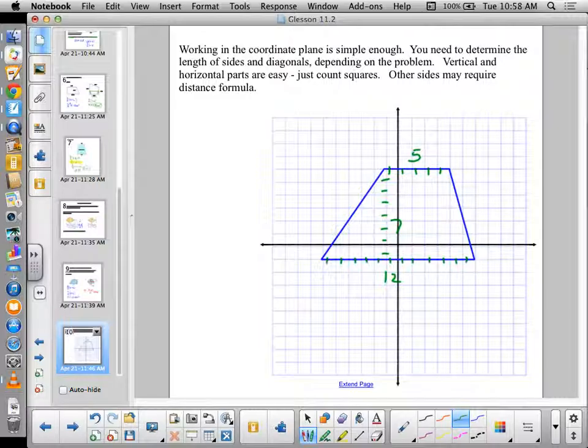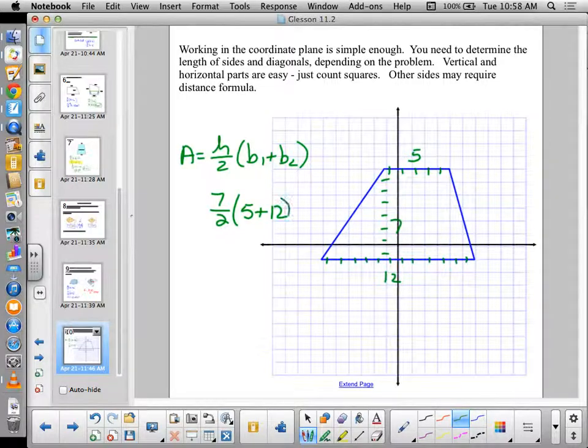So again, we know our formula. Area equals height over 2 times base 1 plus base 2. I don't know the area. I do know the height is 7. The bases are 5 plus 12. Now, this is not going to be quite as nice because we're going to get some odd numbers here that aren't going to cancel out nicely with the 2. So that's 3.5 times 17.